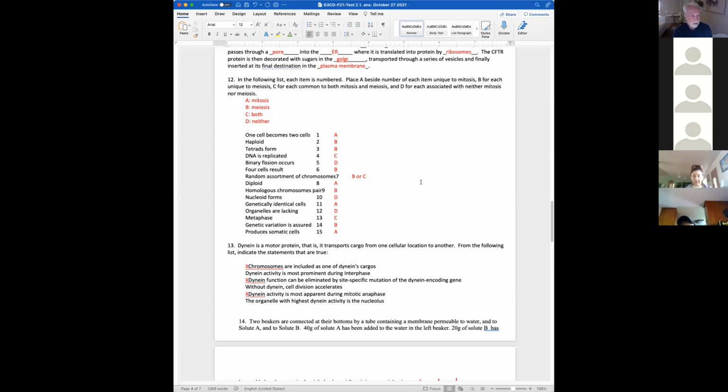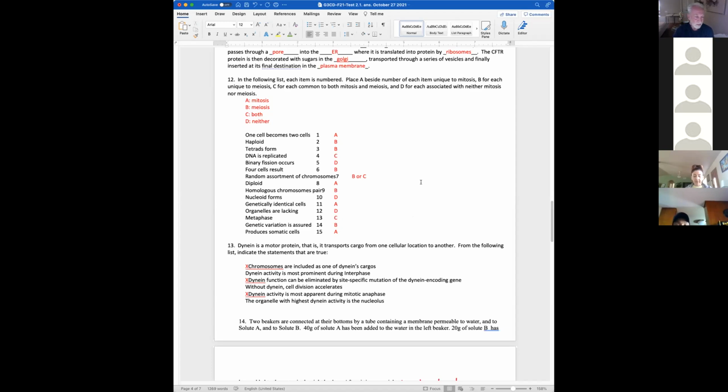A diploid is A, mitosis. Homologous chromosomes pair, that's B, they pair only in meiosis. Nucleoid forms, D, neither, so that's in prokaryotes. Genetically identical cells is A, mitosis.